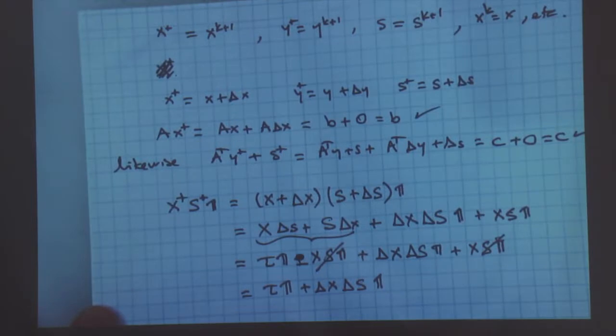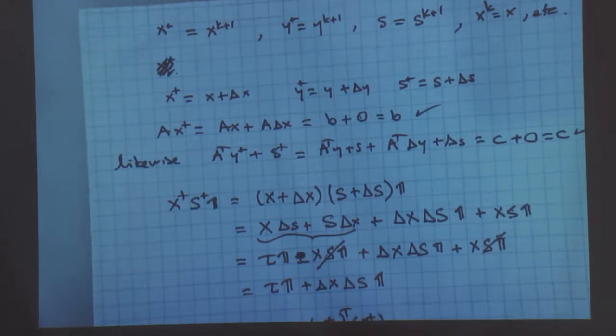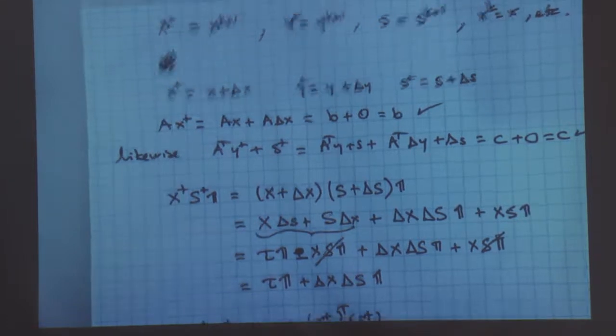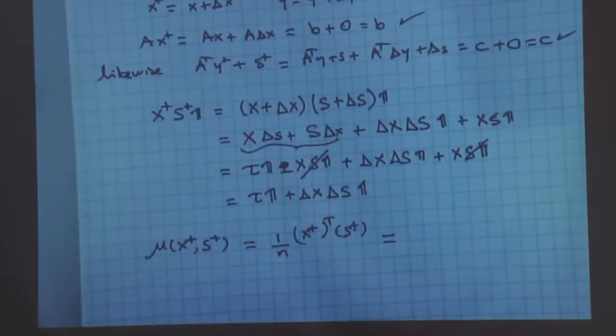If I want to compute mu of x plus s plus, this is by definition 1 over n x plus transpose s plus, right? So what is x plus transpose s plus?